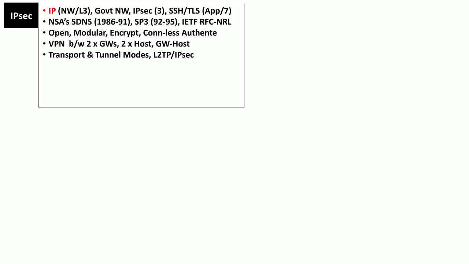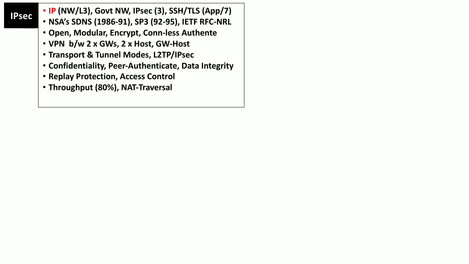Moreover, IPsec is also used to provide security or confidentiality to the Layer 2 Tunneling Protocol. So IPsec provides confidentiality, connectionless peer authentication, data integrity, source integrity, replay protection and access control services at layer 3.